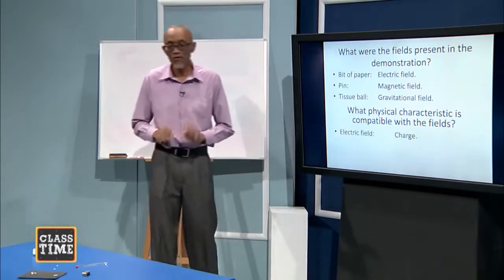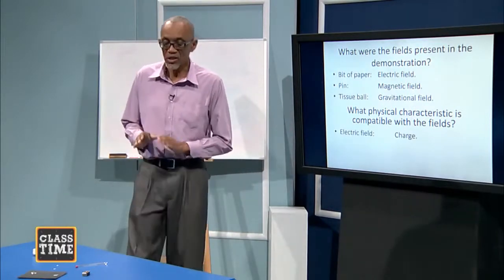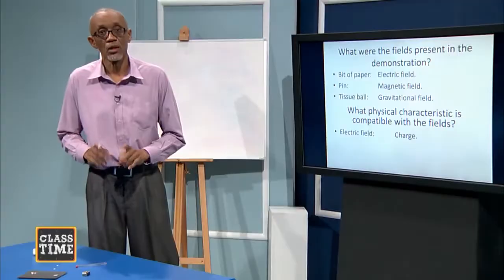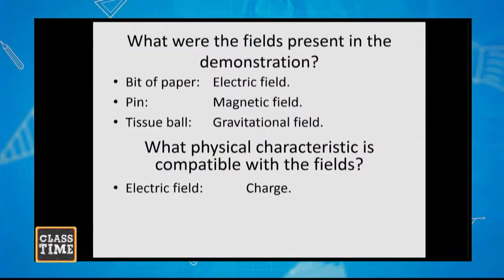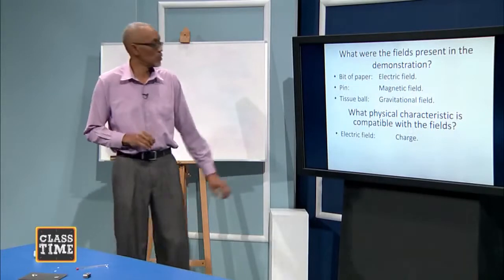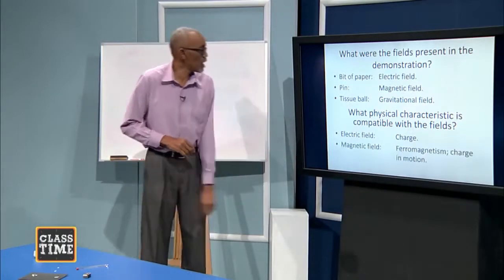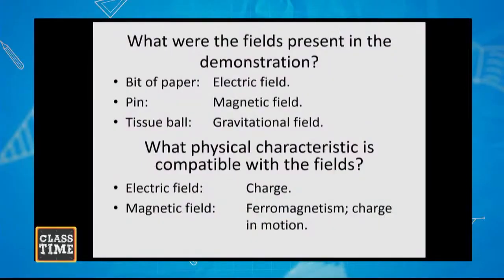For an electric field, an object must have a charge in order to experience a force. It must have a charge. If it doesn't have a charge, it cannot experience a force in an electric field. Okay? And then we have the magnetic field.